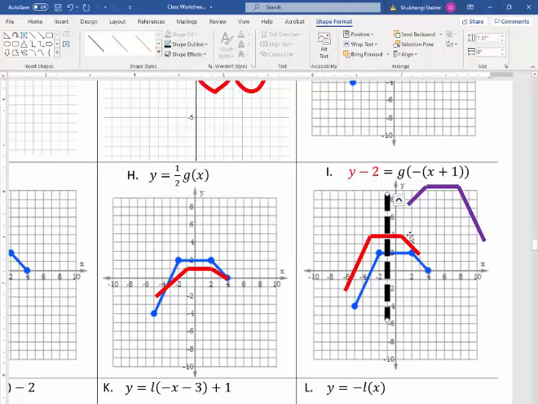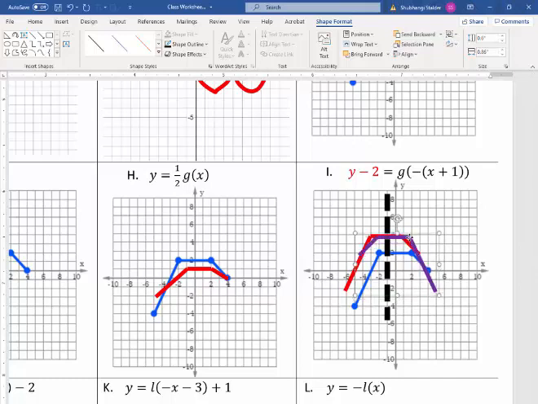If I reflect across this line, tell me where this coordinate will go. Right now it's -6, -2, which is 5 away from -1. So you're going to go 1, 2, 3, 4, 5. So that's why it goes here.